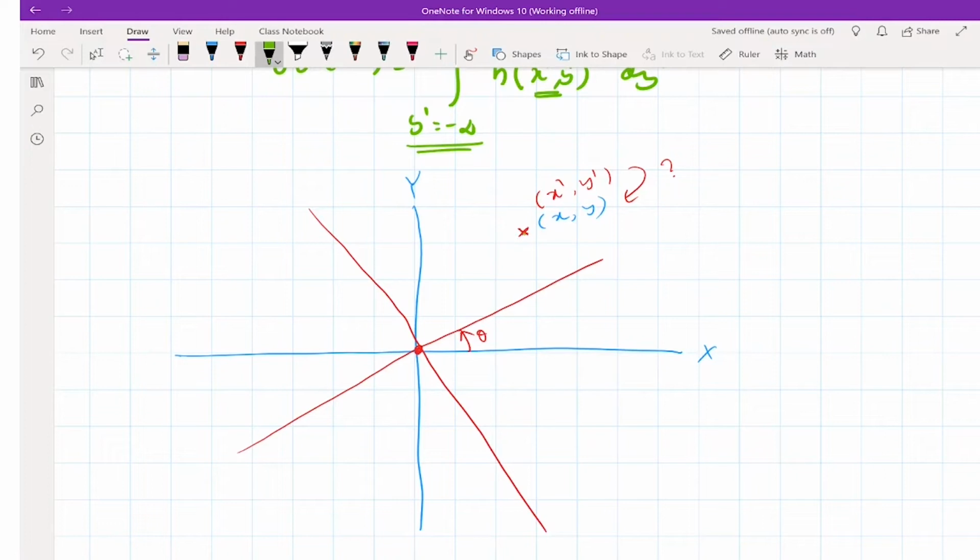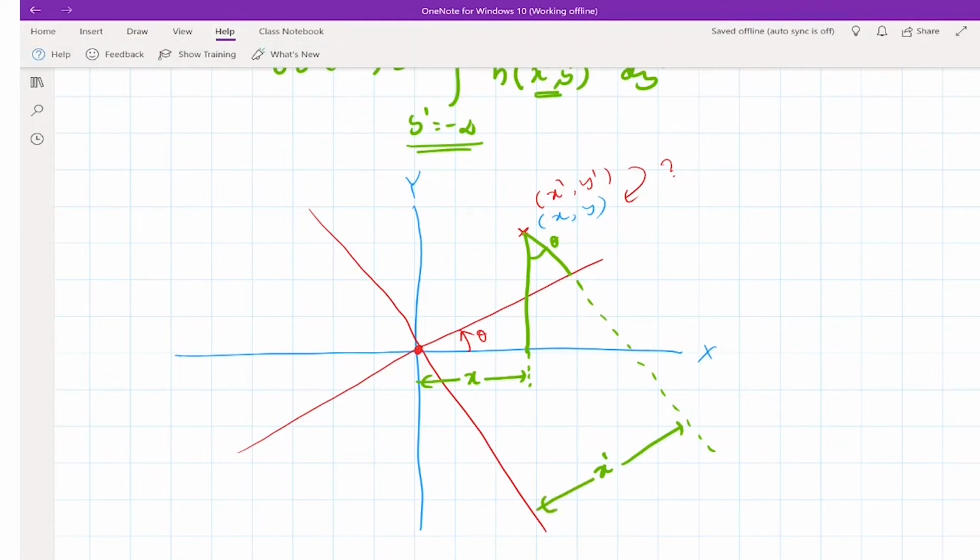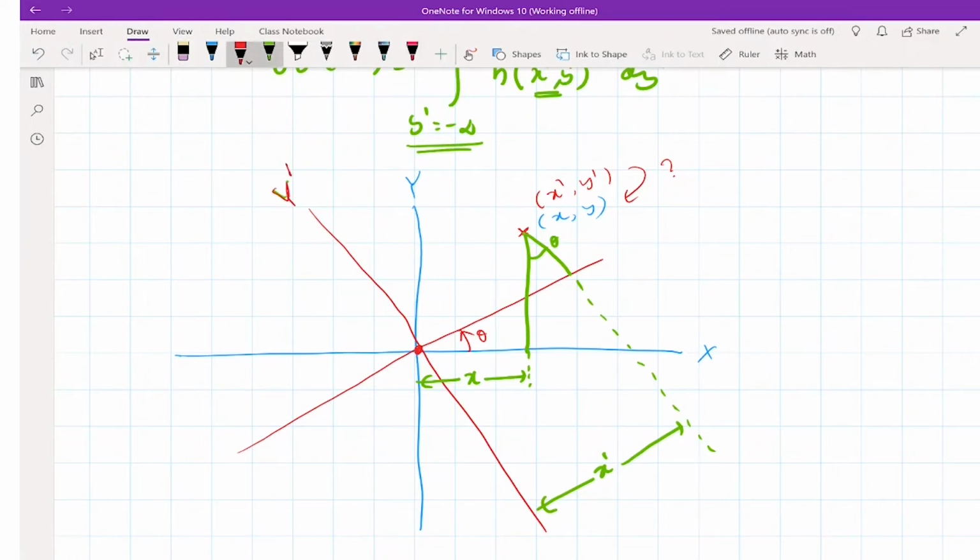You could see geometrically that if I just drop here, this is equal to x, and if I draw a perpendicular here, then this would be equal to theta, and this is equal to x prime, from an intersection with a line parallel to y prime. This is your y prime, right? If you draw that, then obviously that would give you x prime, and that's exactly equivalent.